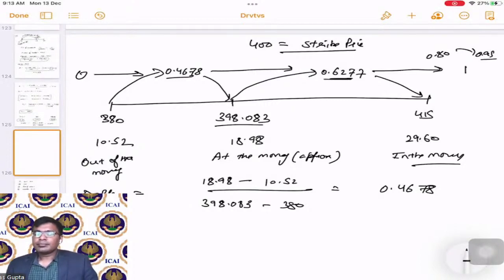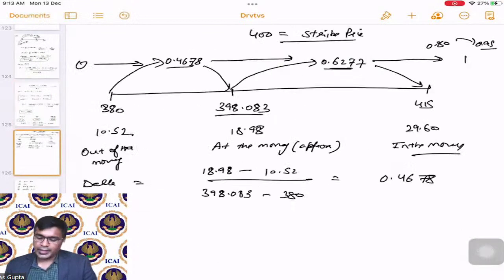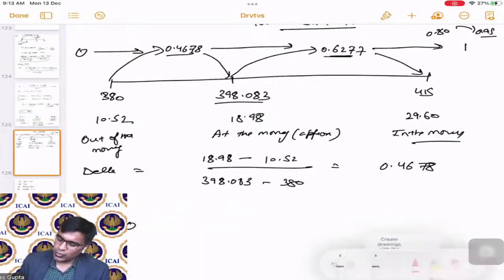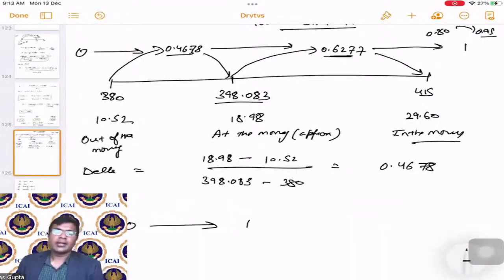Correct? I hope I am able to give this example and prove this. This is the last question itself. Correct? I hope this understanding is clear. This says that the delta will move from 0 to 1. In case the option is deep out of the money, it will be 0. If it is in the money, it will go from 0 to 1.